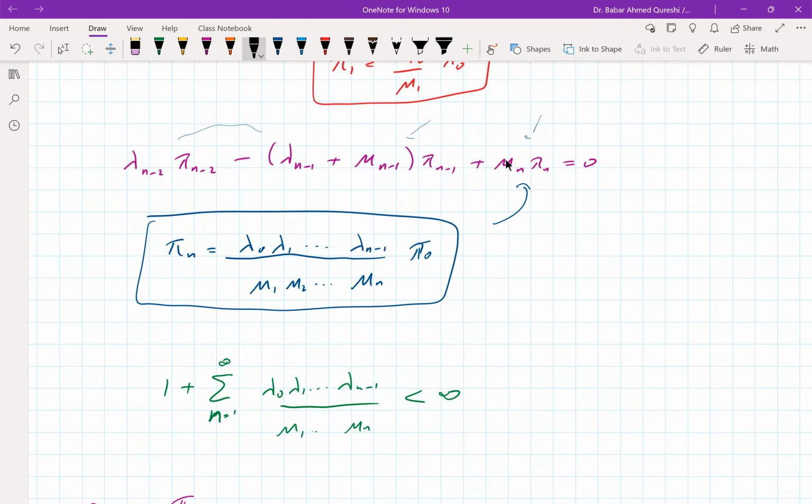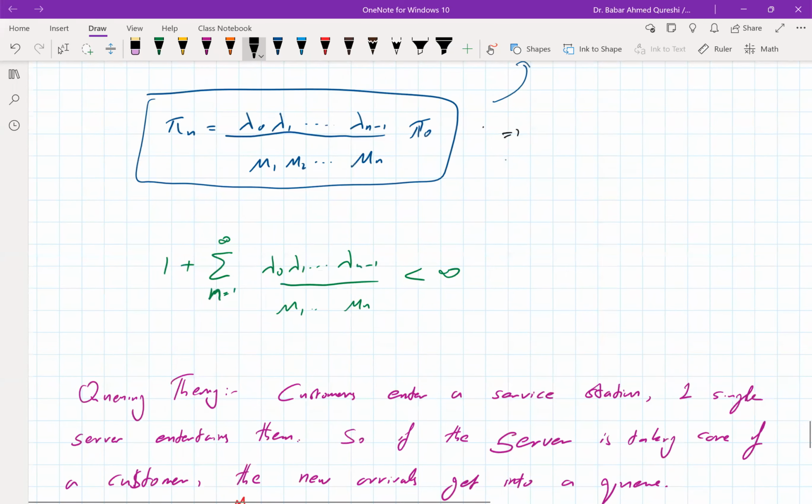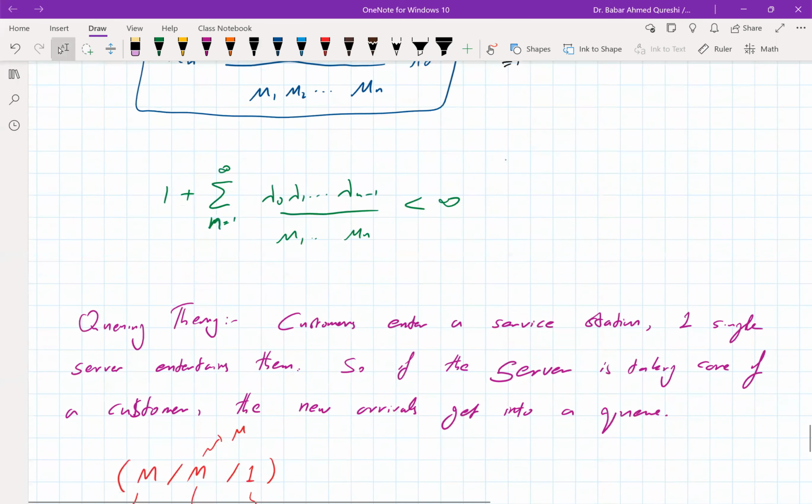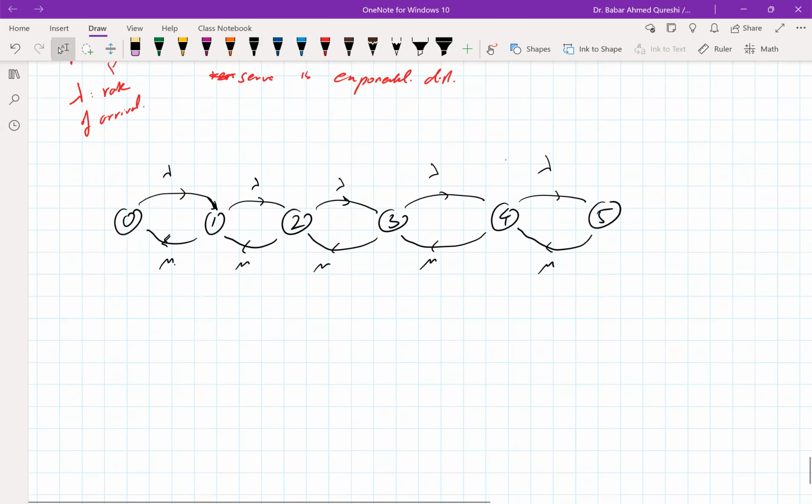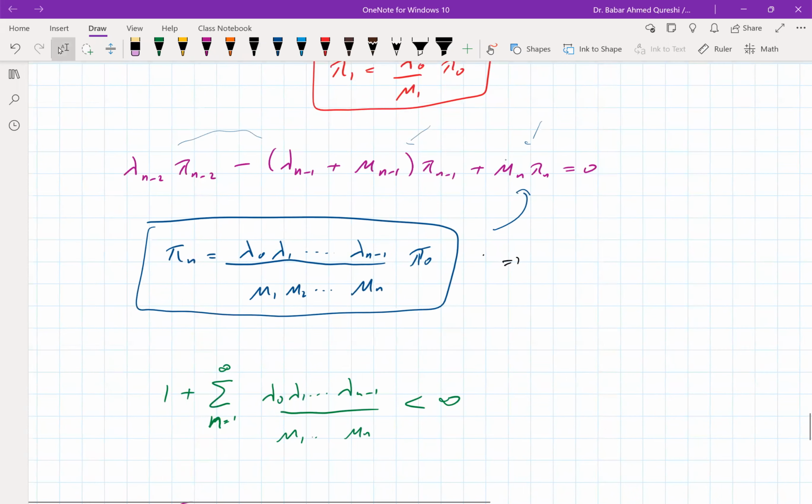So the stationary distribution you get here is this. If you look from here, you have n of these, and they're all lambda. You have n of these, and they're all mu.